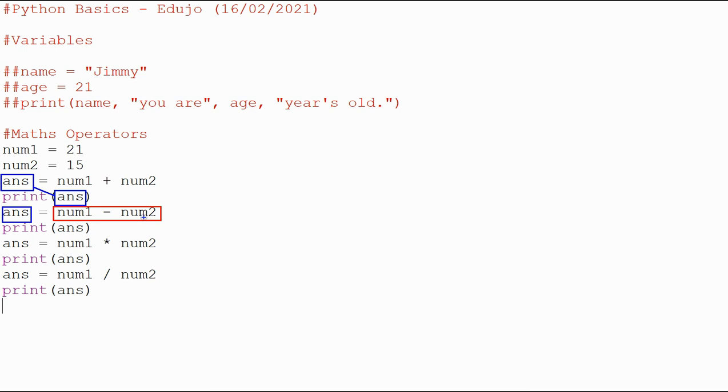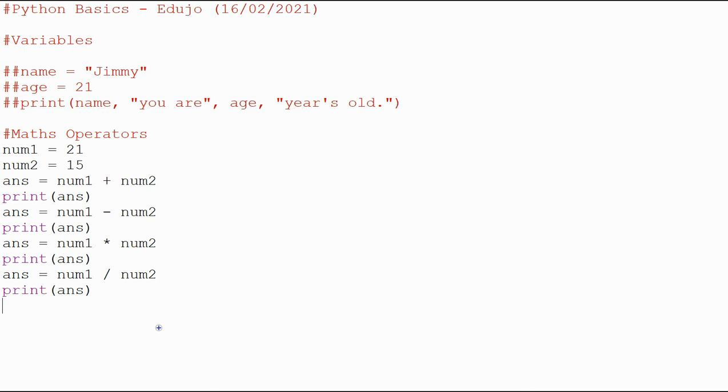It overwrites the previous answer, and then the same thing happens with this one. It overwrites the ans variable, and that one overwrites the ans variable. It's probably not good practice to do that. You probably want to create different variable names for each one of those, but this was just for explanatory purposes, just so you can see how these things work.